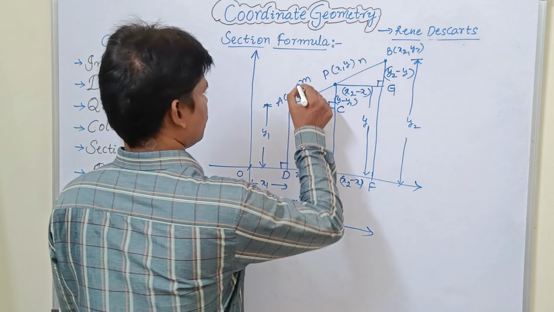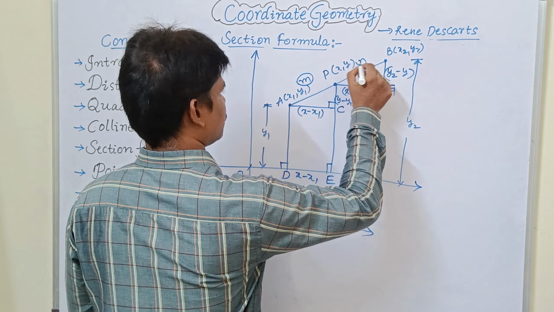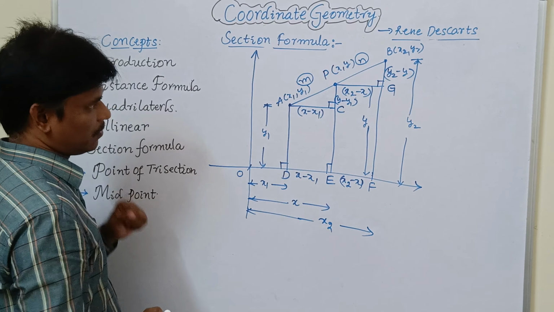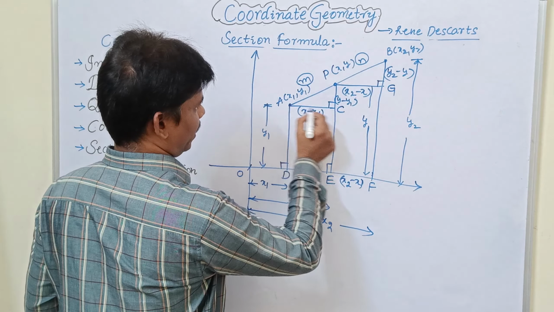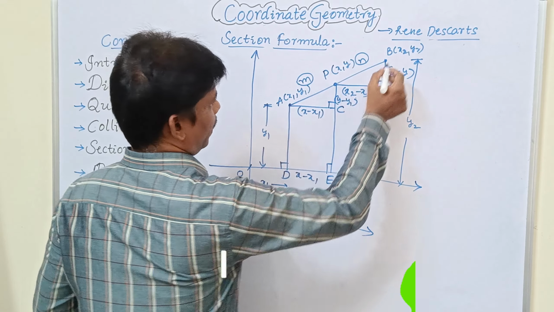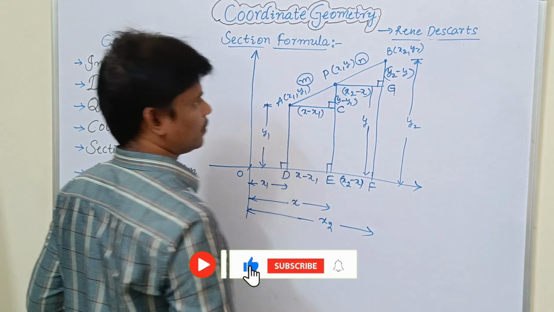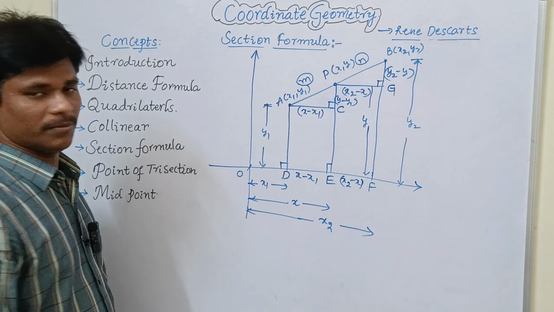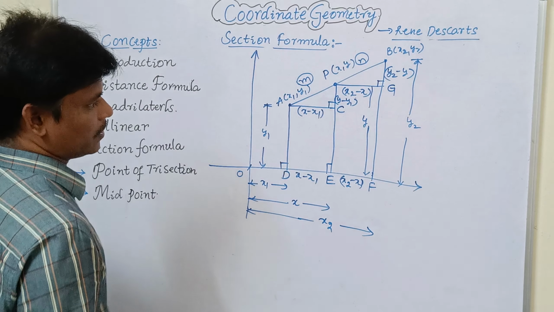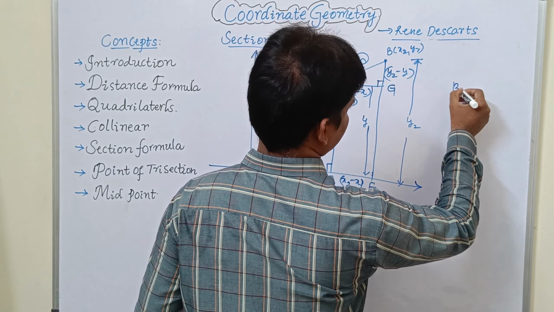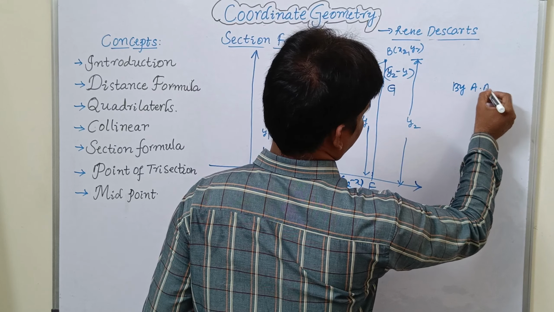So here the ratio is, P divides in the ratio m is to n. So observe these two right angle triangles, PCM and BGP. These two right angle triangles are similar by AA similarity.